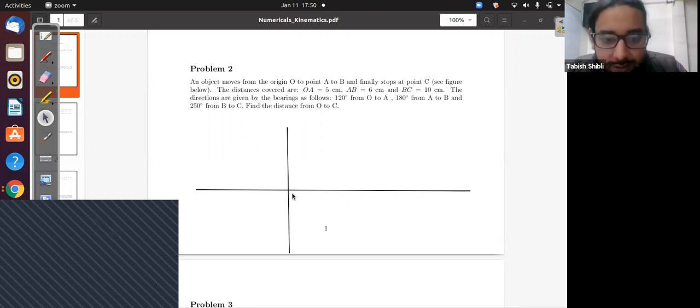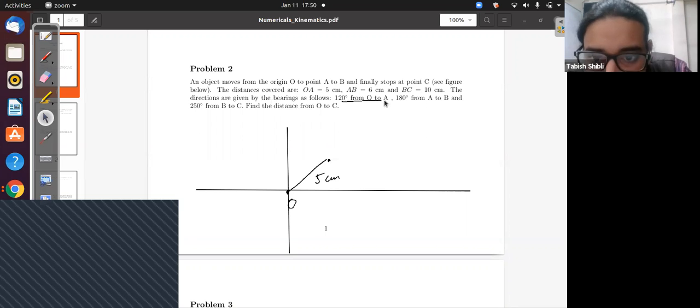So origin is O here. Object moves from the origin to some point A, then to some point B. We know that OA, whatever this angle is, OA distance is 5 centimeters. Then it travels to, well, the angles are also given actually. From O, okay, so it's actually on the other side. It's not on this side. So let's remove this.